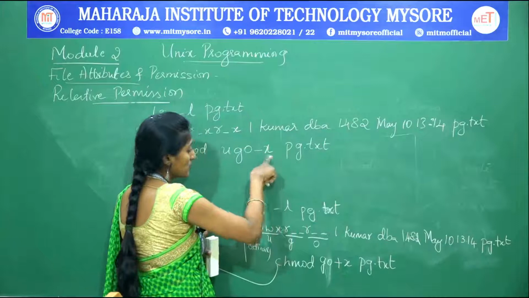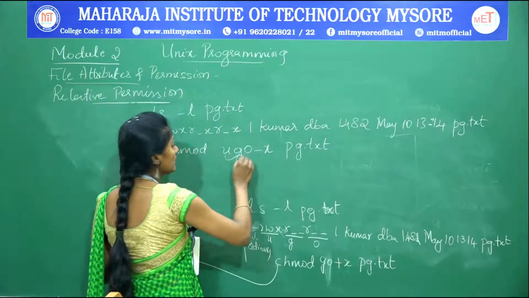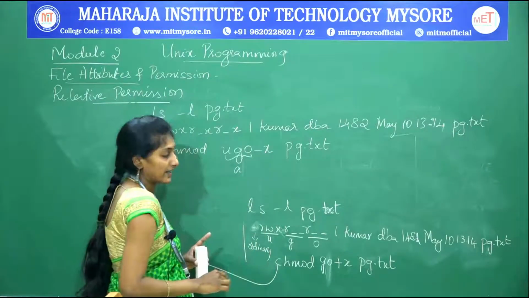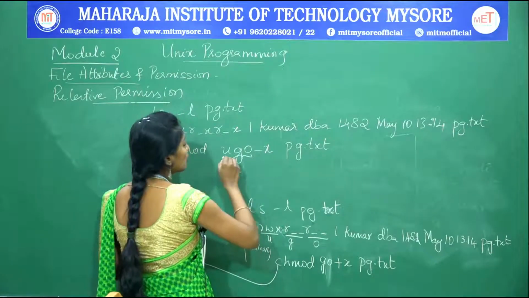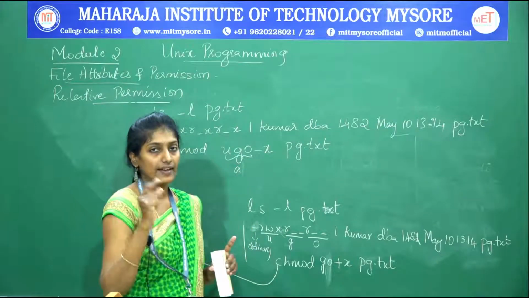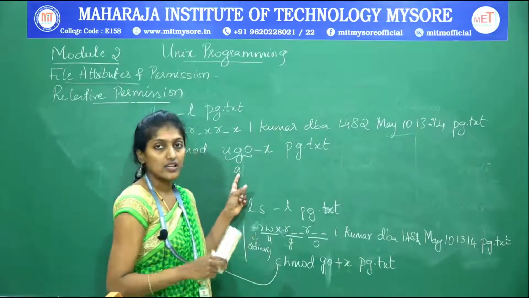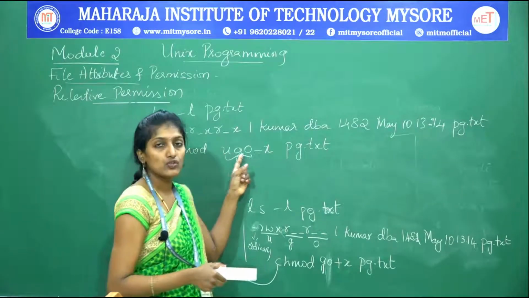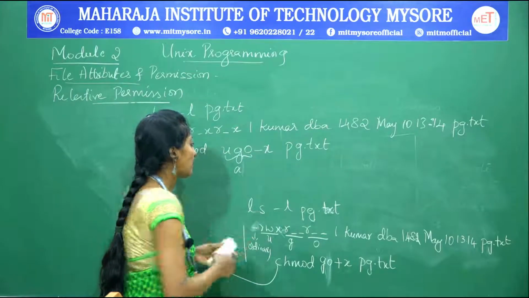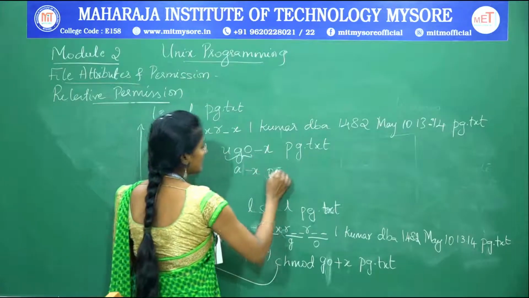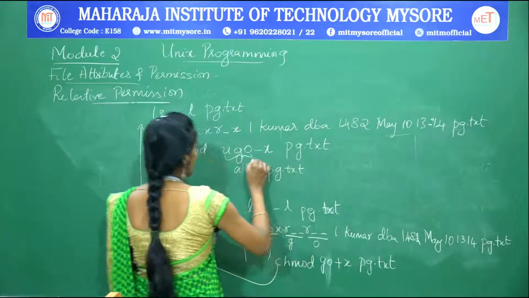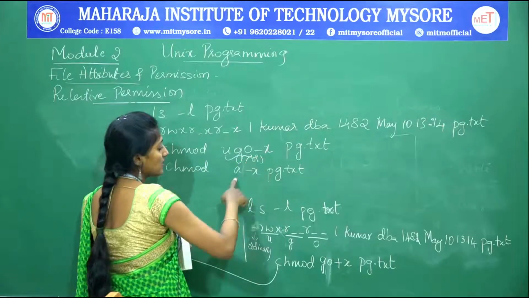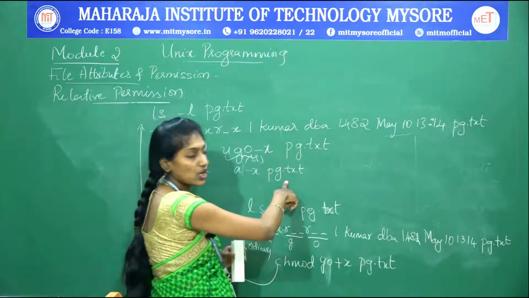So this is the operation, this is the permission, this is the category. Instead of ugo, you can even use the a option or a category. This a represents all. If any user is accessing all three categories for either assigning or removing a permission, instead of typing ugo, he can directly use a-x like this. Both are the same. Either you can go with ugo-x or you can give a-x pg.txt.